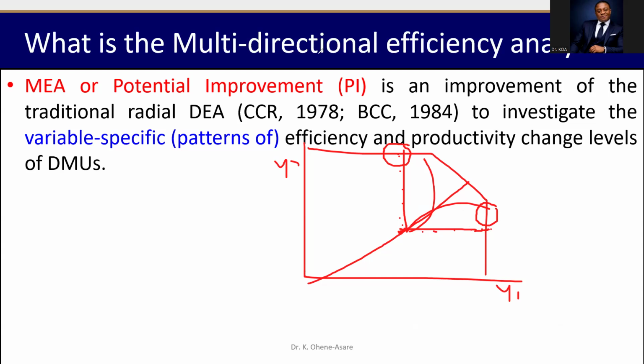And please take note, the strongly efficient part of the frontier is different from the weakly efficient part of the frontier. So if I have a point here A, and then a point here B, and a point here C, and a point here D, where is a strongly efficient part of the frontier?